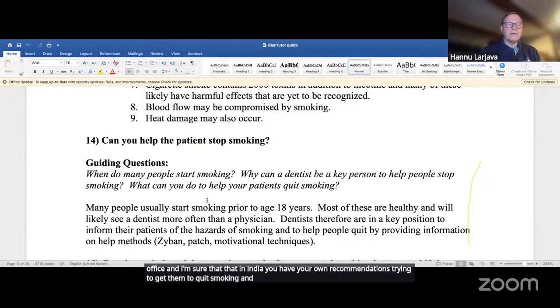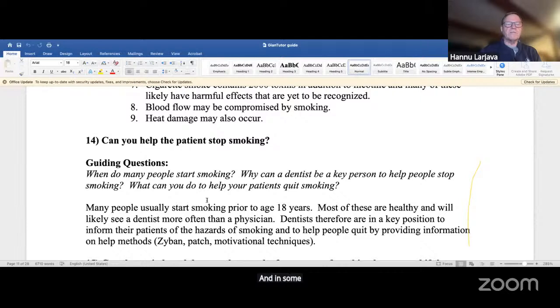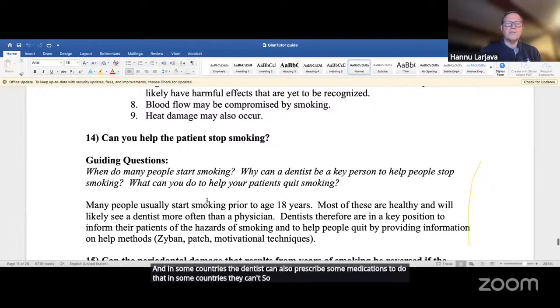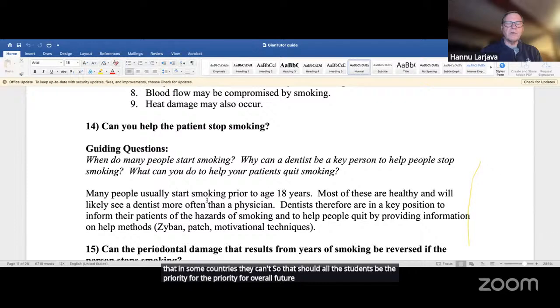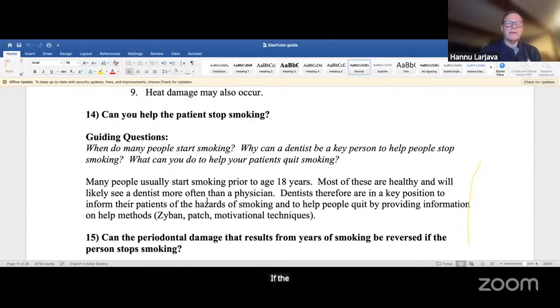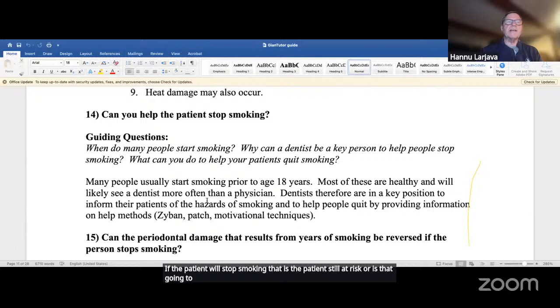In some countries the dentist can also prescribe medications to do that. In some countries they can't. That should always be the priority for overall future periodontal health. So maybe number 15 could be answered: if the patient stops smoking, is the patient still at risk, or is that going to change?